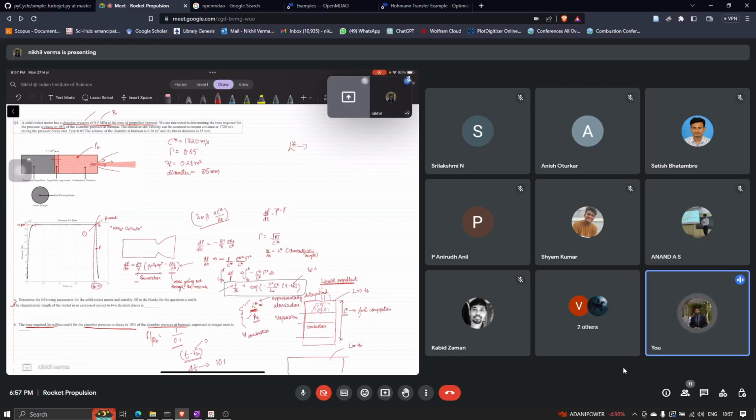But we cannot have very long engines because of the mass of the structure we are adding. So there has to be an optimum length which we specify, that is known as L star. L star is calculated through experiments.